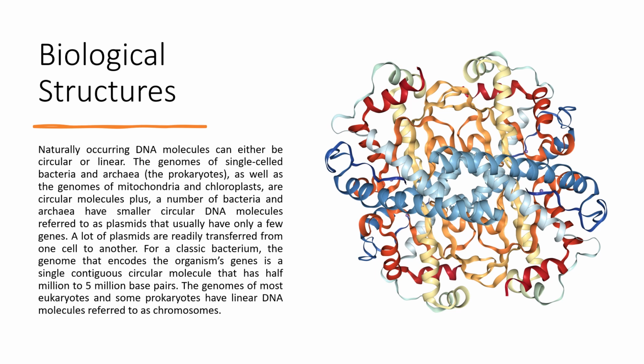For a classic bacterium, the genome that encodes the organism's genes is a single contiguous circular molecule that has 500,000 to 5 million base pairs. The genomes of most eukaryotes and some prokaryotes have linear DNA molecules referred to as chromosomes.